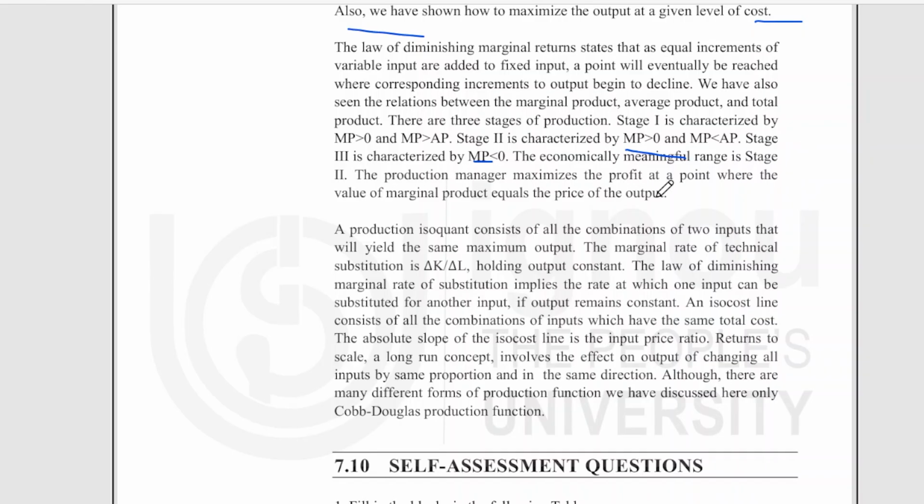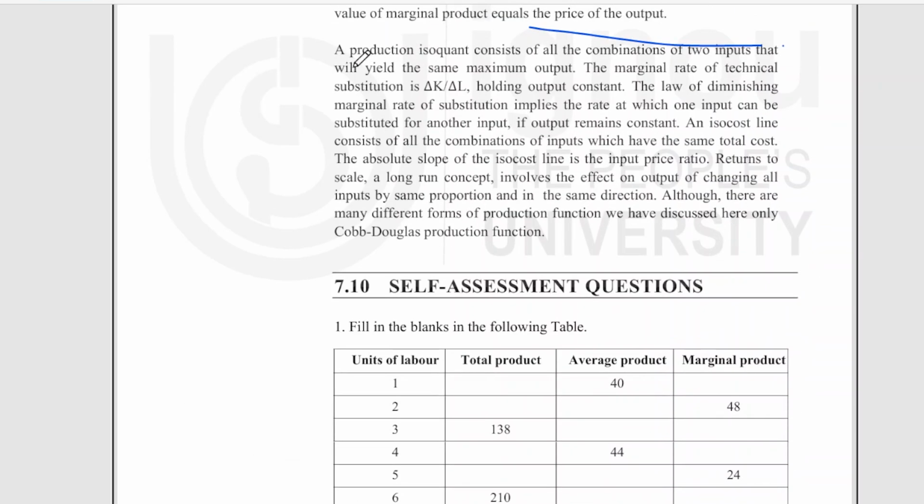The production manager maximizes the profit at the point where the value of marginal product equals the price of the output. So like that, an isoquant consists of all combinations of two inputs which yield the maximum output. Okay, so we all discussed this. Although there are many different forms of production function, we have discussed here only the Cobb-Douglas production function.